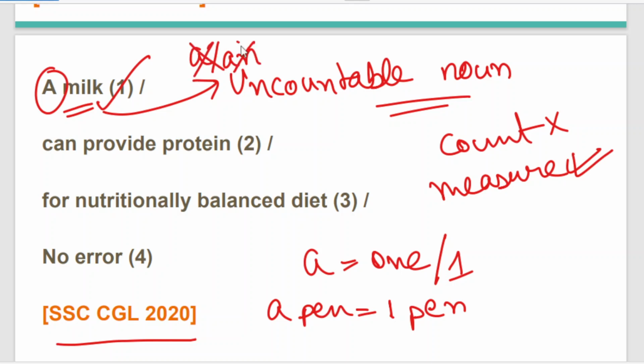So "a" or "an" before an uncountable noun is incorrect. Hence in this sentence, "a" is incorrect. So the correct sentence is milk can provide protein for a nutritionally balanced diet. I hope this sentence is clear to you. Moving to the next question.